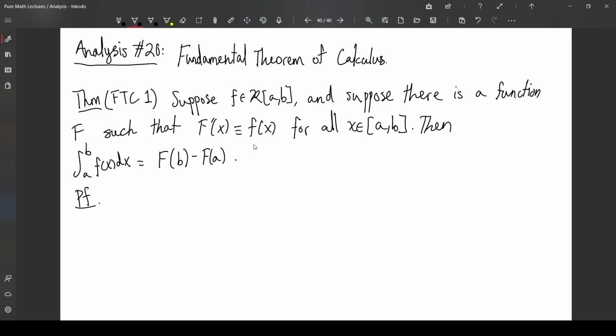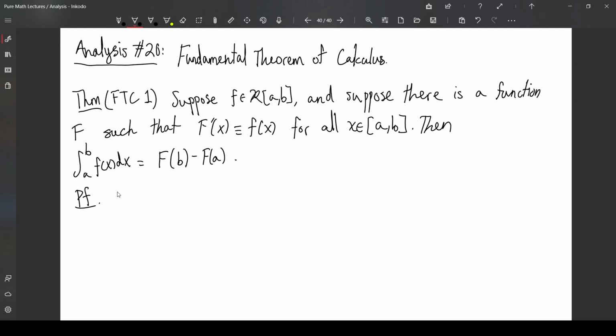Okay? So the way we're going to prove this is we're going to use the techniques from the Riemann integral videos. We're going to start with a partition, and we have to show that as the partitions get smaller and smaller in mesh, the value of the Riemann sums approaches F of b minus F of a.